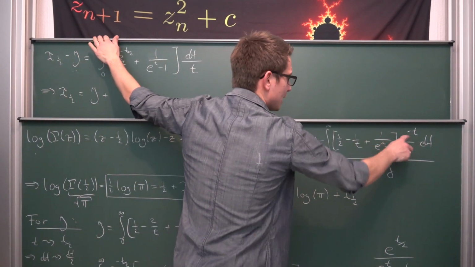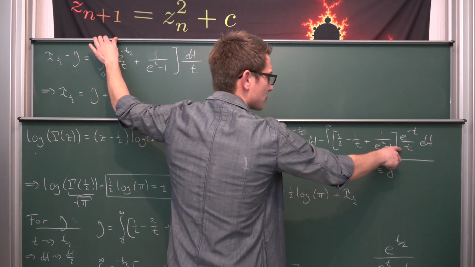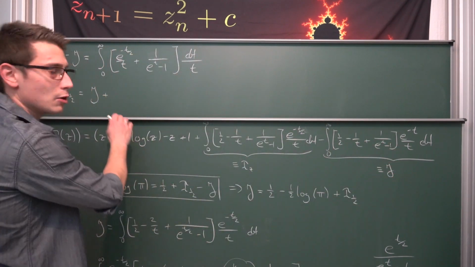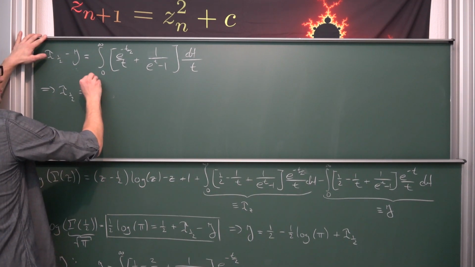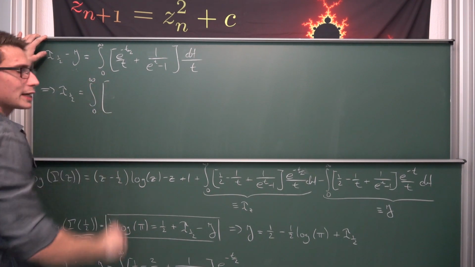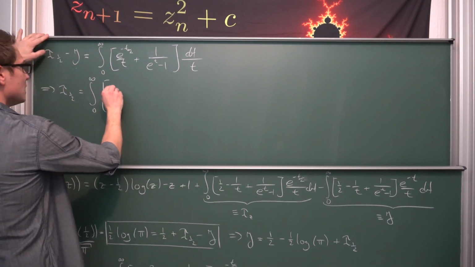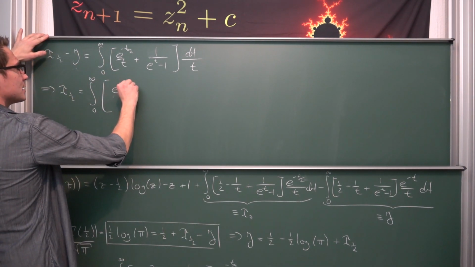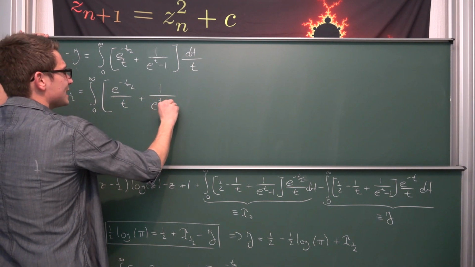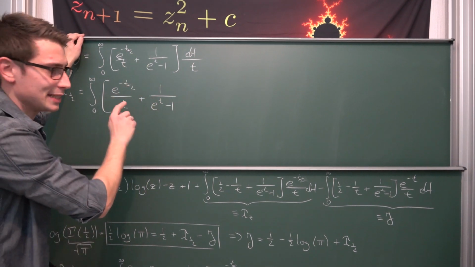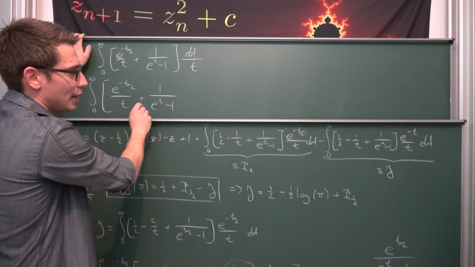Let us bring the e to the negative t into here and then just factor out the 1 over t on everything, giving us overall an integral from 0 to infinity of, and now we got a huge mess once again. So we got e to the negative t over 2 divided by t plus 1 over e to the t minus 1. This is the first part right here. And now let's add our j to everything.